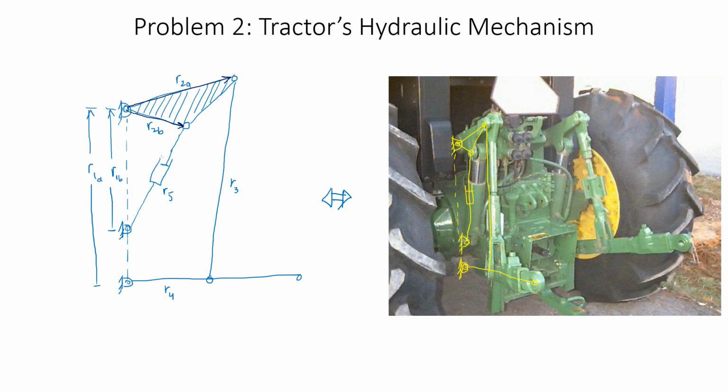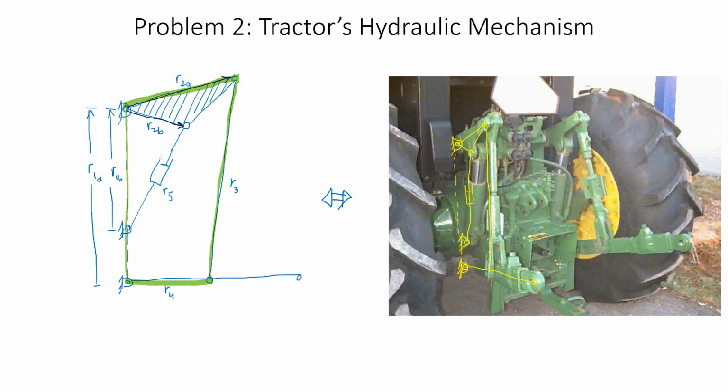So the very first one, and let me use a highlighter over here, is going to be a 4-bar mechanism which is from here to here and this, and if I draw vertically something like that.